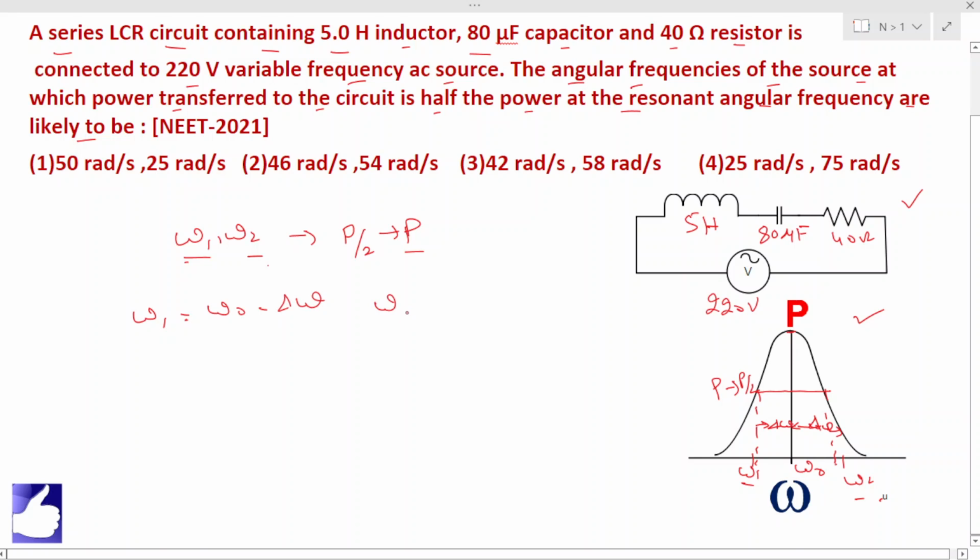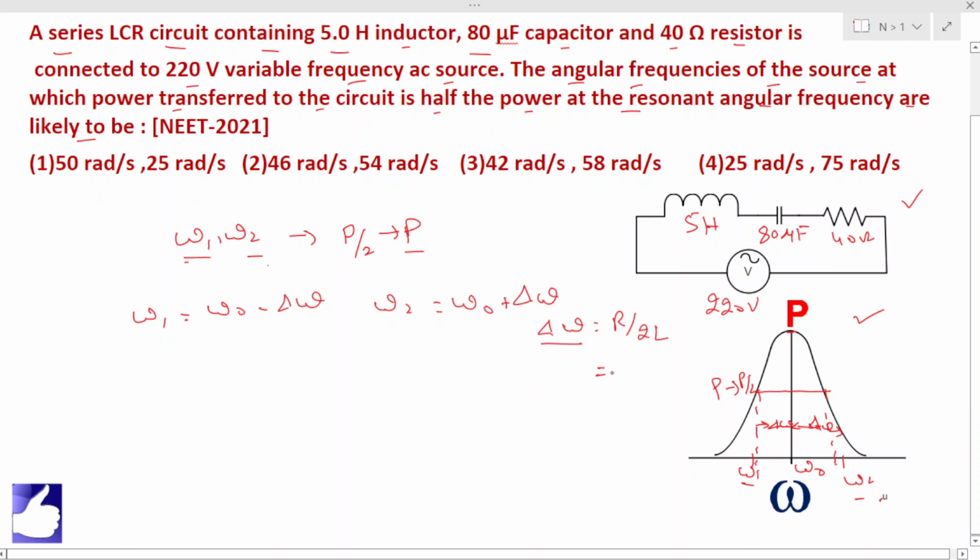Similarly, omega 2 can be written as omega naught plus delta omega, where delta omega is R by 2L. Now first let us calculate R by 2L.